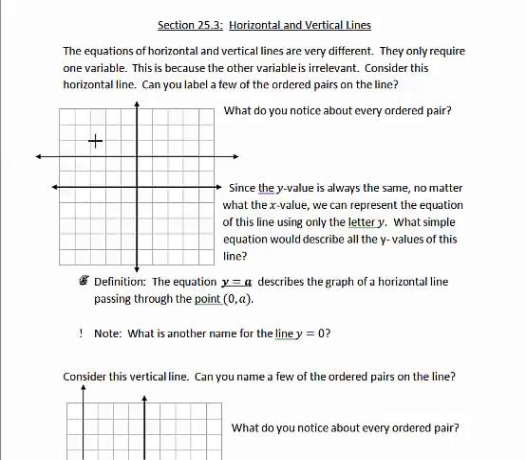they want us to pick out some points along the horizontal line, and we want to come up with the coordinates. So I'll just call this my first point, my second point, and my third point. Like the x-axis, this is a horizontal line, so there's going to be some similarity there.